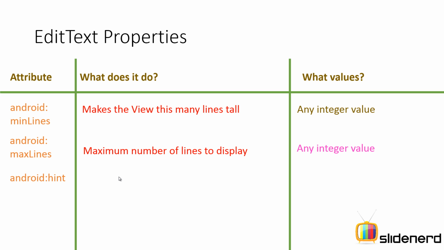Android hint. Now this displays a hint in light gray colored text about what the user should enter in that edit text. Now this is very important from usability perspective. Now I'm gonna show you guys how these attributes work when we jump into Android Studio and actually show you a simple demo of using these attributes.